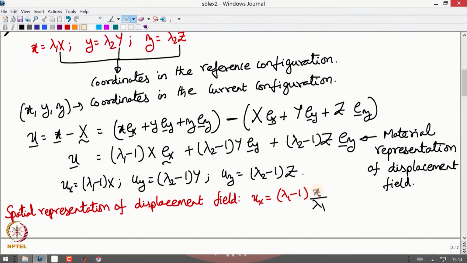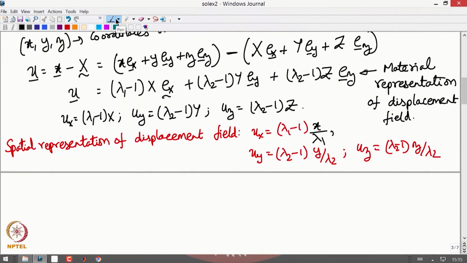So, this is now in terms of small x, and this is a spatial representation of the displacement field. Similarly, uy would be lambda 2 minus 1 small y by lambda 2, and uz would be lambda 2 minus 1 small z by lambda 2, again coming from the definition of the motion field.